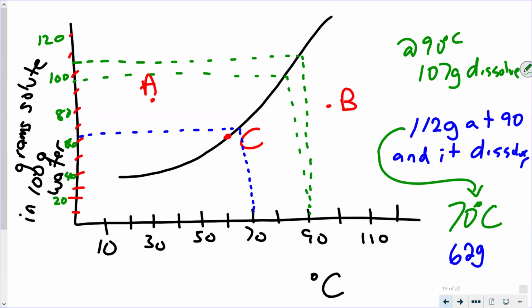You started with 112 grams dissolved at 90 degrees. The solution cooled down to 70 degrees. How much falls out of solution, or how much crystallizes? Now you just subtract. Okay, that makes sense.